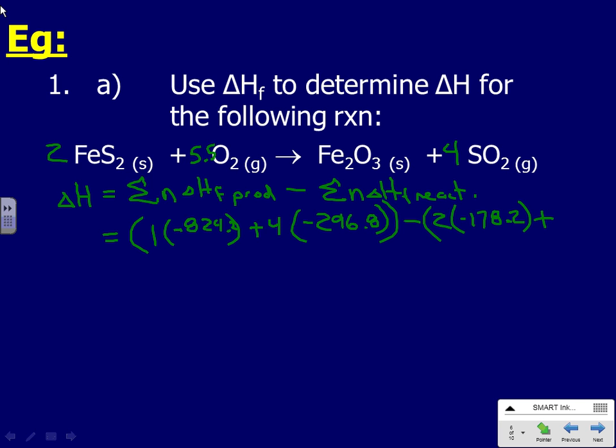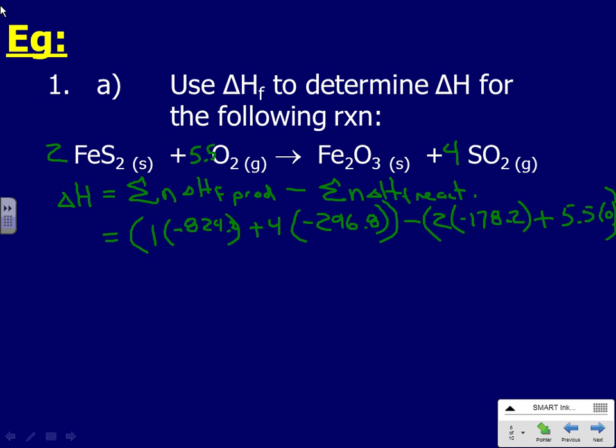Plus, notice, the negative is for the reactants, but I have to sum them all, so I have to add them all up. It's not like I've got a whole bunch of negatives in there. I'm adding them up. So this is 5.5. What's the heat of formation for O2? 0. So still, it doesn't hurt to put it in just to keep our accounting. But that's 0, so that thing disappears.